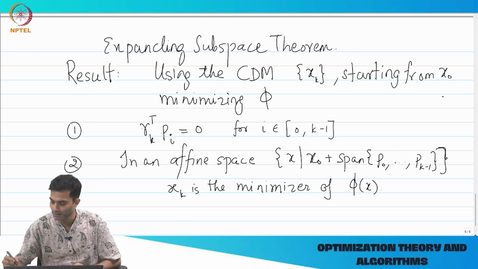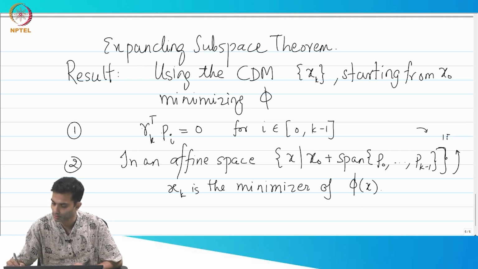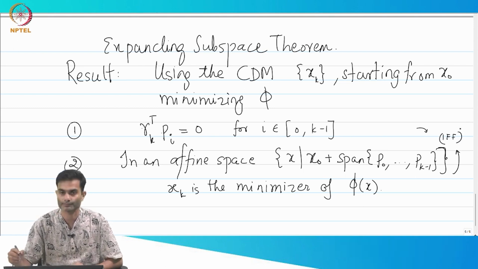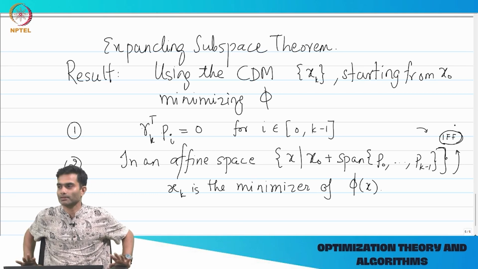Consequences in the sense that the relation between these two statements is actually an if and only if condition. It looks a little tedious, so let's just interpret this in words.